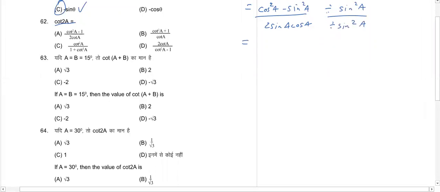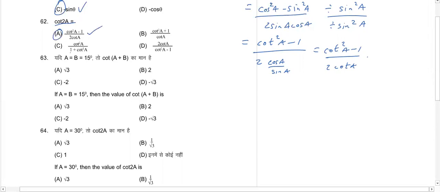What we can get is cos squared divided by sine squared is cot squared a, sine squared divided by sine squared is minus 1 over 2 cos a over sine a, which is equal to cot squared a minus 1 over 2 cot a. So your solution is this one, which is A.